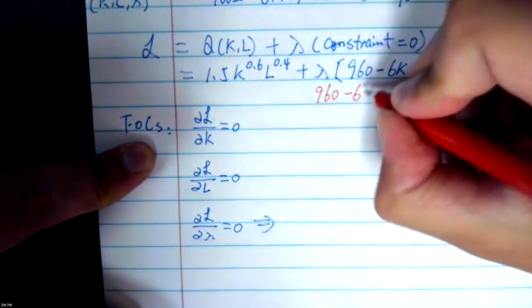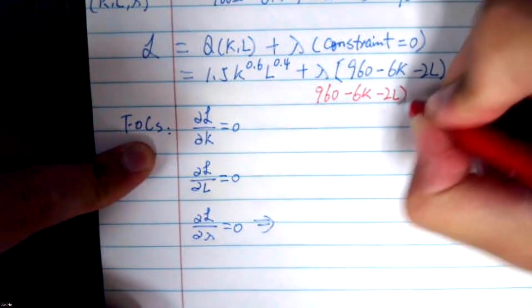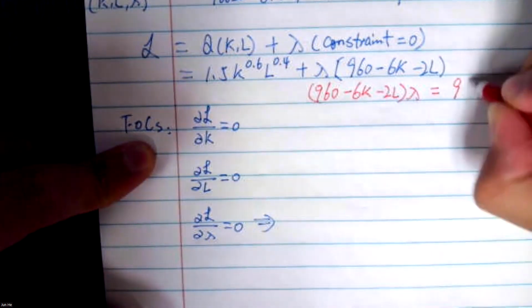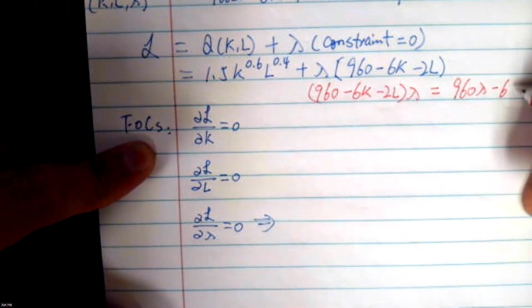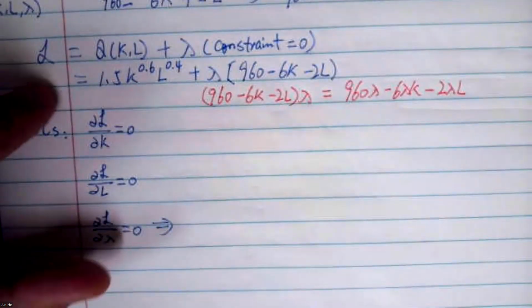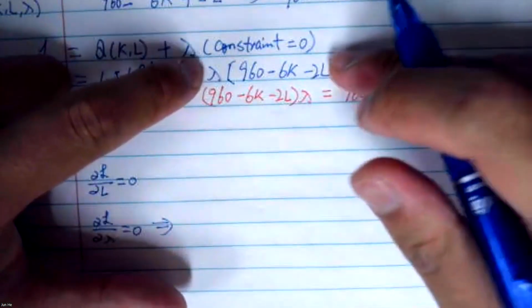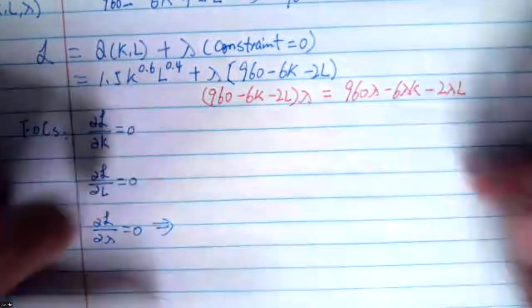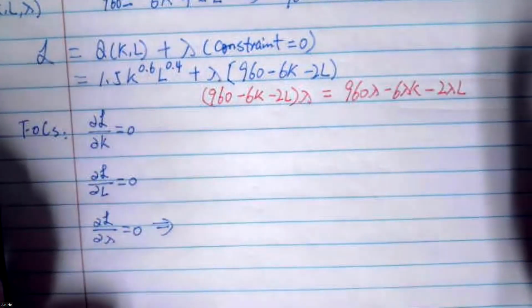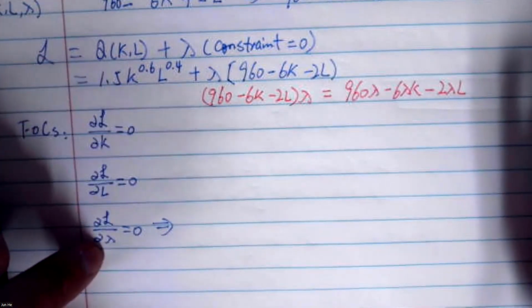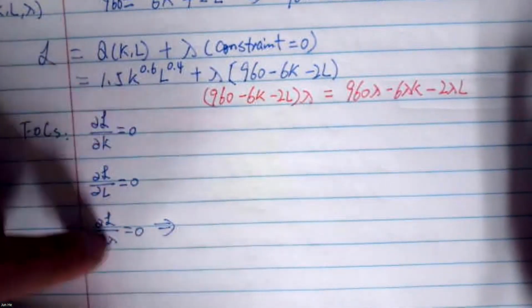That is 960 minus 6K minus 2L multiplied by lambda. That is also 960 lambda minus 6 lambda K minus 2 lambda L. I'm just writing the lambda product into two forms in preparation for the derivation. For this one, the first term has nothing to do with lambda.